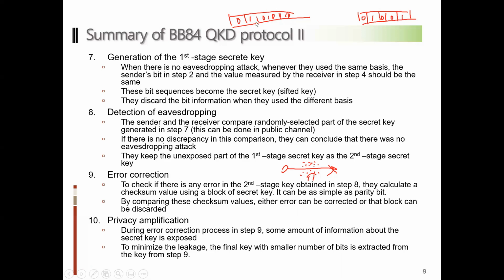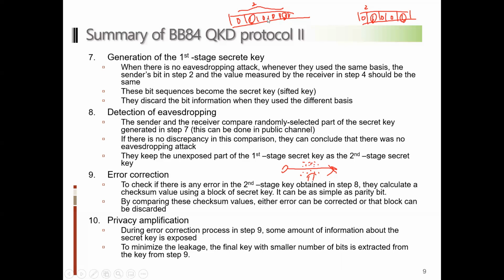In this case there are two ones, here and here, and this one also has two ones. You might compare only the number two. In this case you did not expose the entire sequence, but you can still compare the integrity, or whether there is any error between these two sequences.